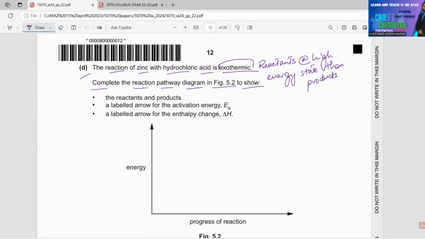Which means in case of endothermic reaction, reactants will be at a lower energy state than the products.